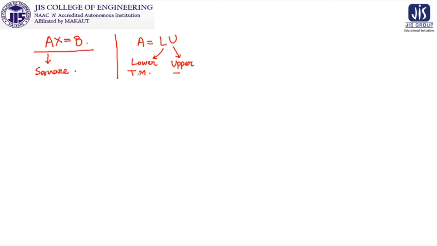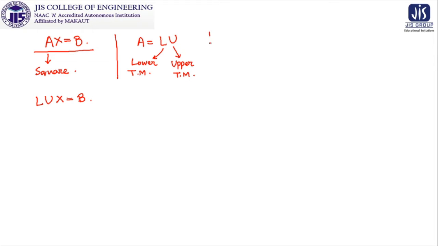We know the definitions of lower and upper triangular matrices, and we also know how to find this factorization. So in the next line we can write it as LUx = B.